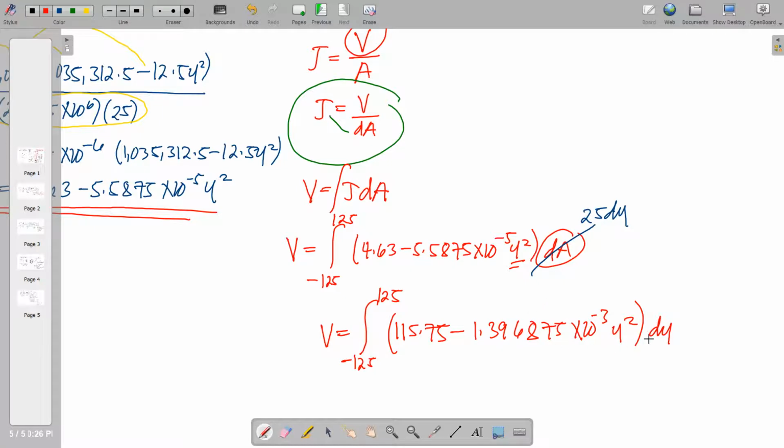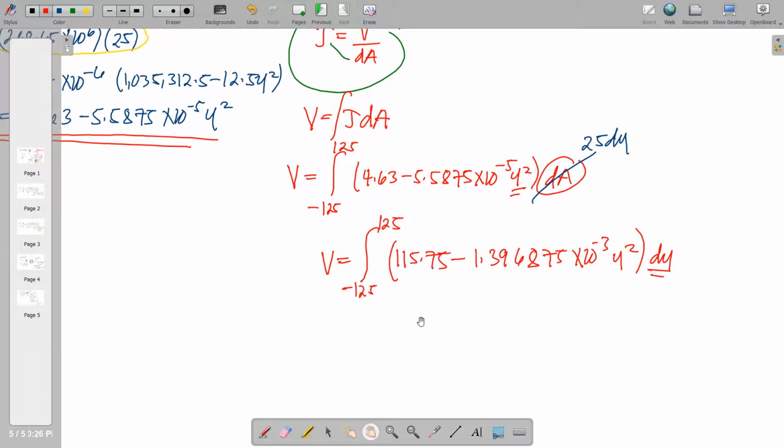Okay, so you can now evaluate the integral. You can do it manually or it could be directly solved by your calculator. Okay, so if we evaluate the integral, we'll be having a value of 27,118.65 Newton.